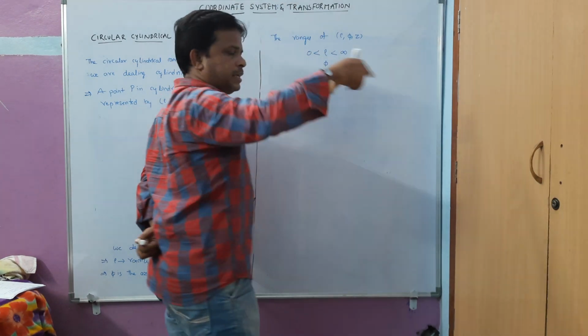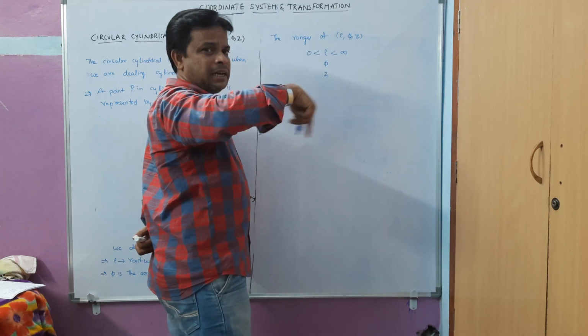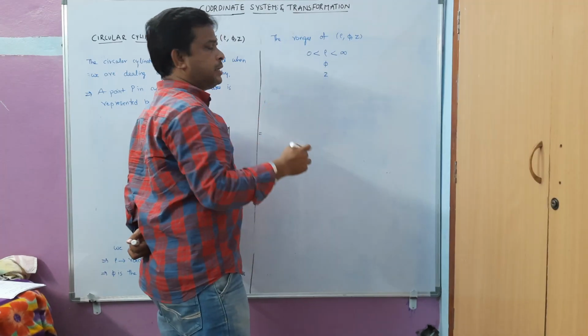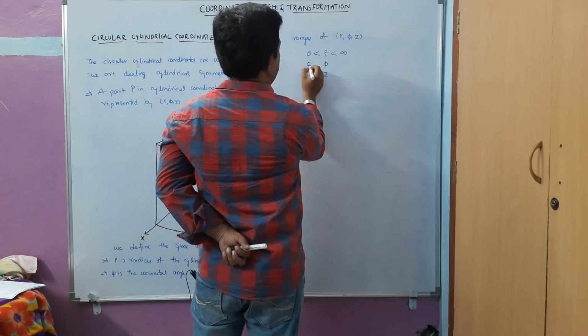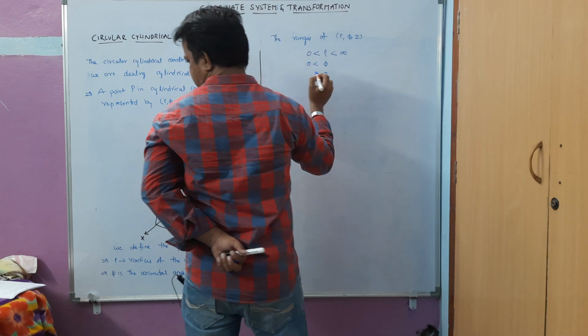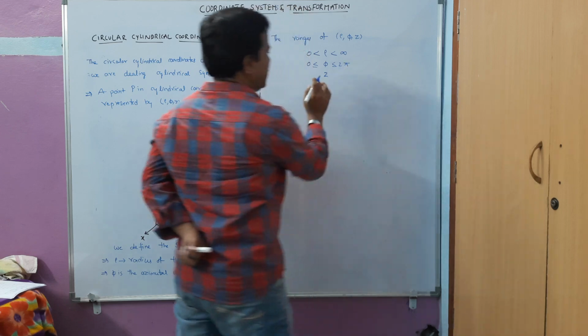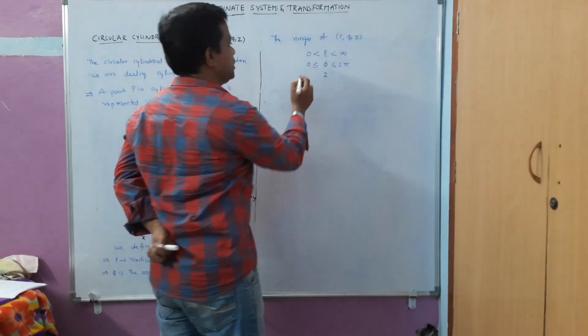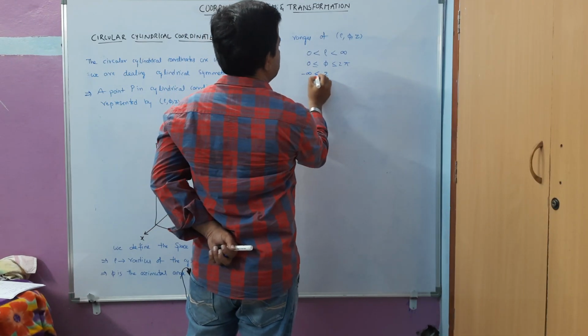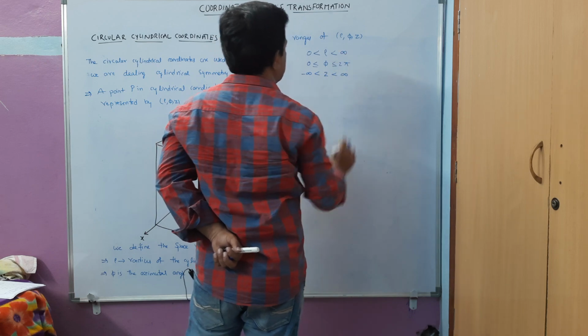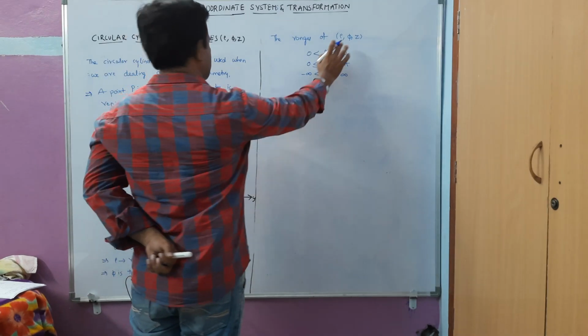Similarly, phi is a circular angle. What is the total circular angle? Here it is 0 to 2 pi. 0 less than or equal to phi less than or equal to 2 pi. Okay, and z is same as that of the Cartesian coordinates, that is minus infinity less than z less than infinity. Okay, so these are the ranges for rho, phi, z.